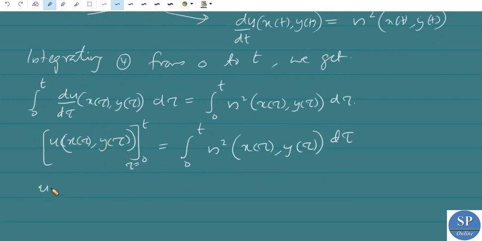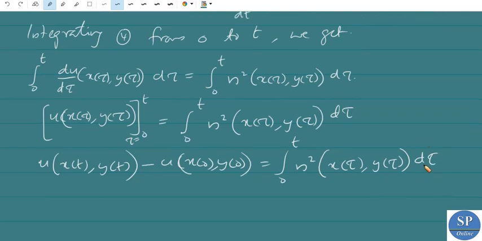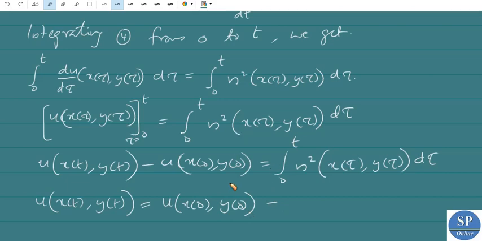Applying the limits, we get u of x(t), y(t) minus u of x(0), y(0) equal to the integral. So u of x(t), y(t) equals u of x(0), y(0) plus the integral from 0 to t of n squared of x(τ), y(τ) dτ. Okay, so this will be the solution.